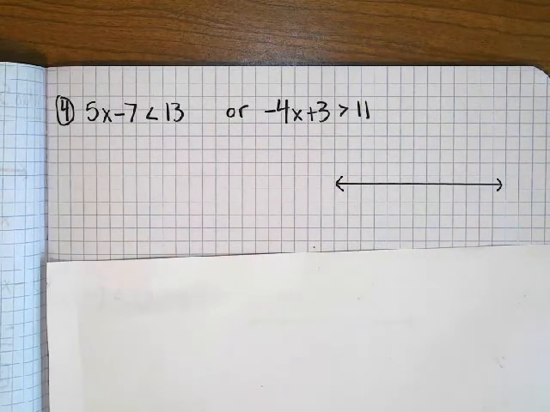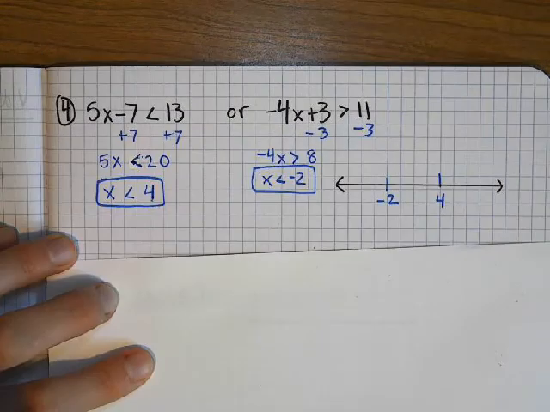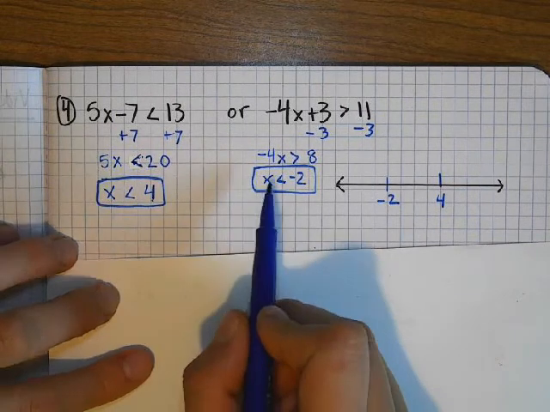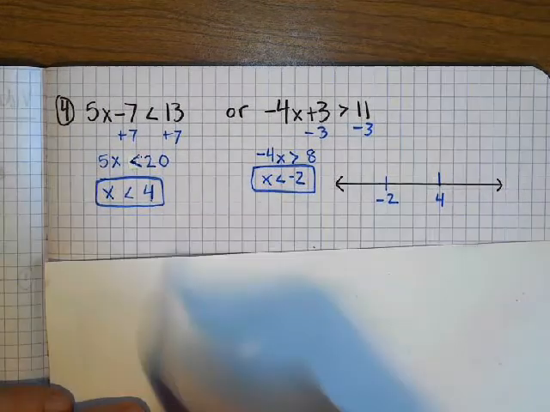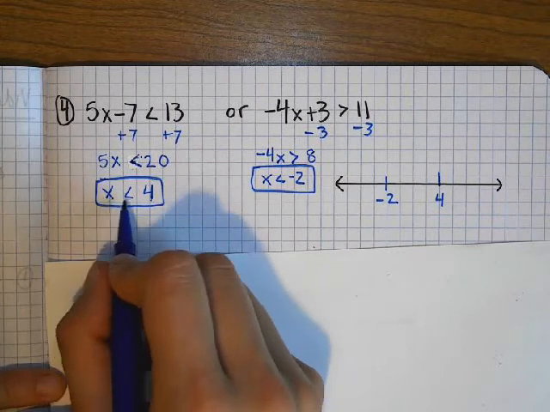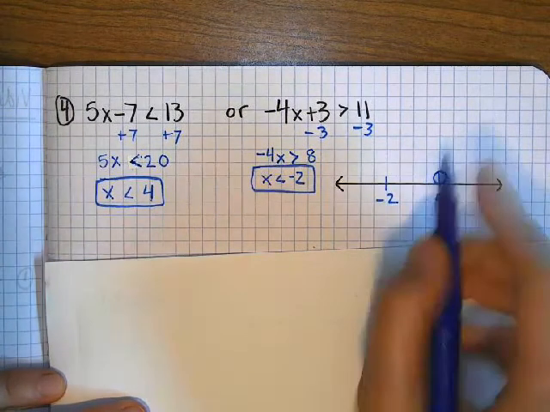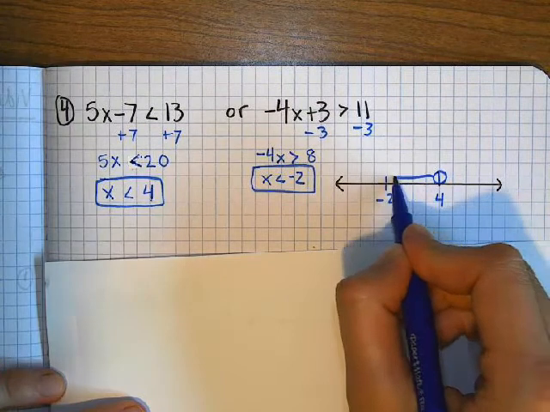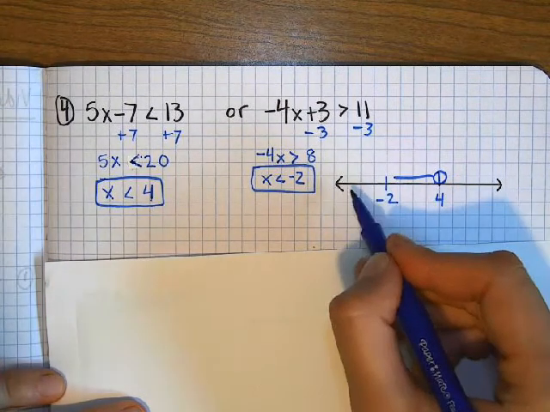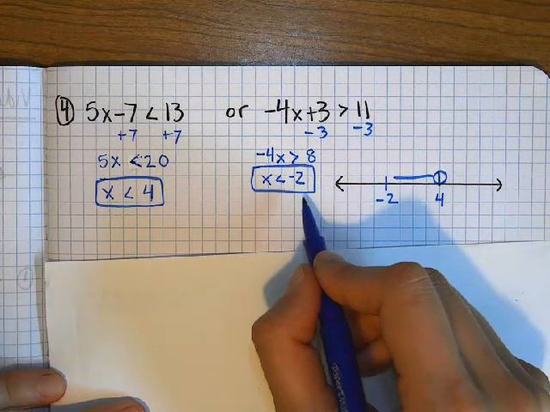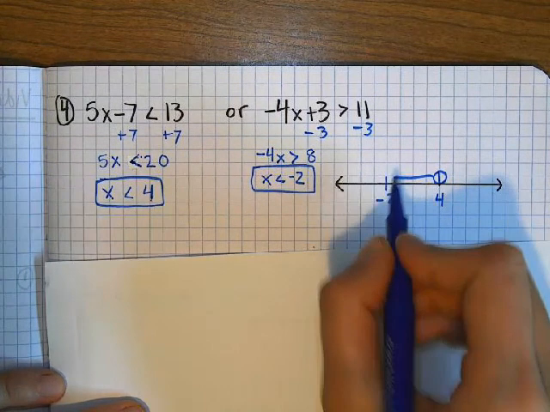Okay, here's another "or" statement. And let's go ahead and solve this. So we've solved this, we've found our 2 answers, and it's time to draw our dots. This one says x is less than 4, so an open circle at 4. We want everything that's less than 4, going in this direction. Now it also says x is less than -2.